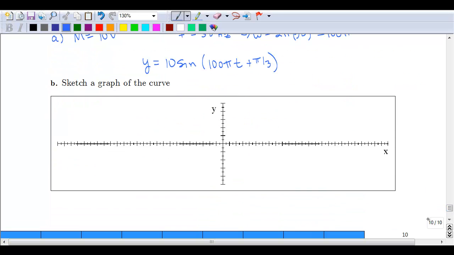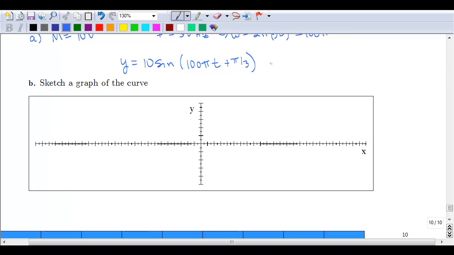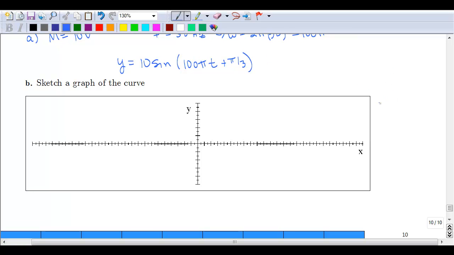This one is a little bit more involved as far as graphing goes because we have that 100 there. Our period is 2 pi divided by that 100 pi, so we get back to that 1 over 50 that we were talking about. Remember, period is the reciprocal of the frequency, 1 over 50. Our amplitude, we already said, was 10.